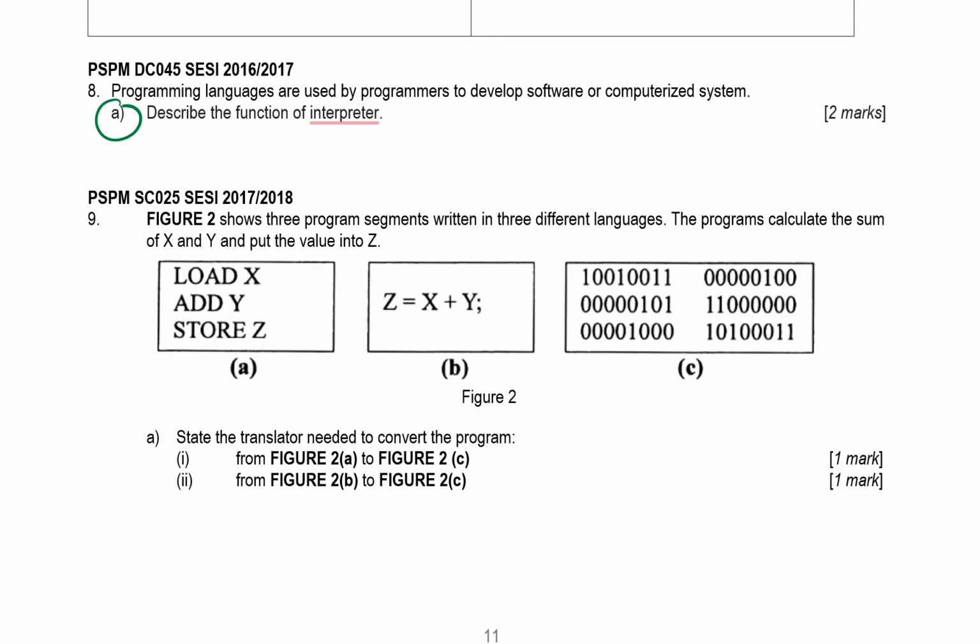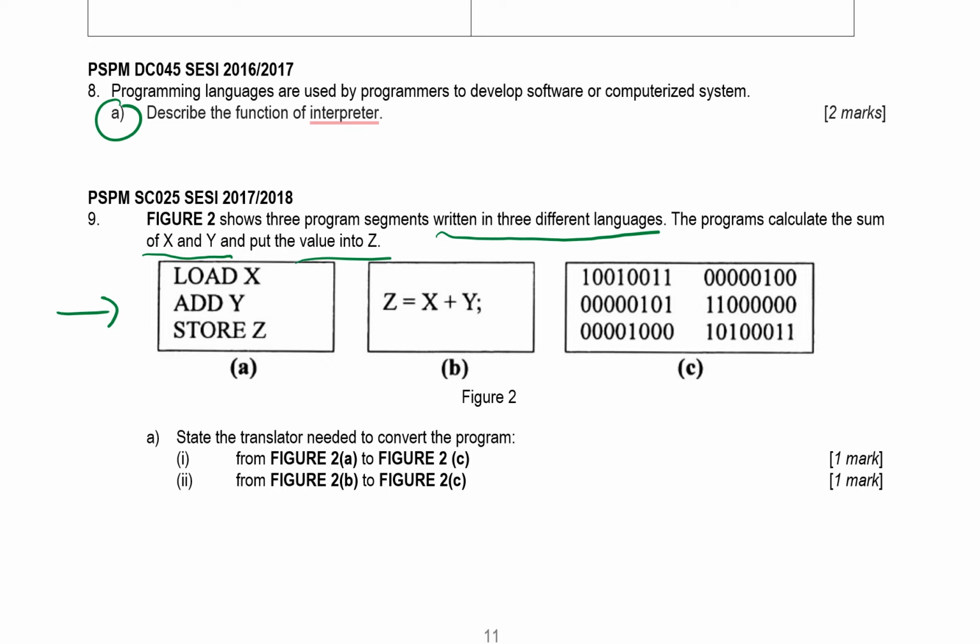For question number 9, you have to analyze the diagram first. Figure 2 shows 3 program segments written in 3 different languages. The program calculates the sum of x and y and puts the value into z.